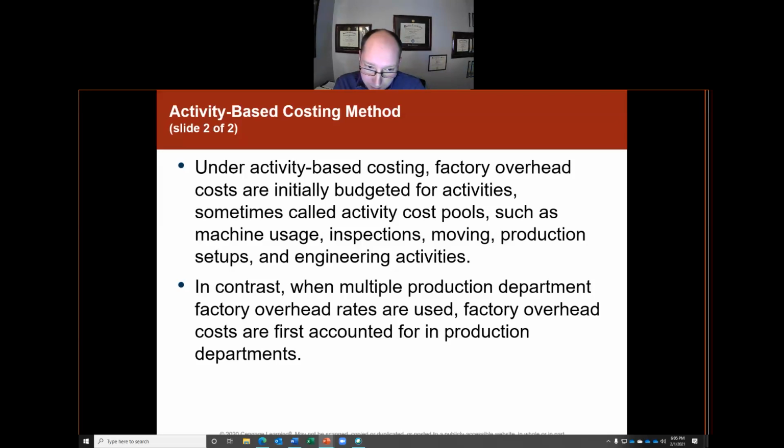Production setups. When you hear the word setup in manufacturing, we're talking about setting up the assembly line, okay? We need to recalibrate the machines after each run. A run is a term that we use to create a batch of product, okay? That's a run. So each run requires a new setup.